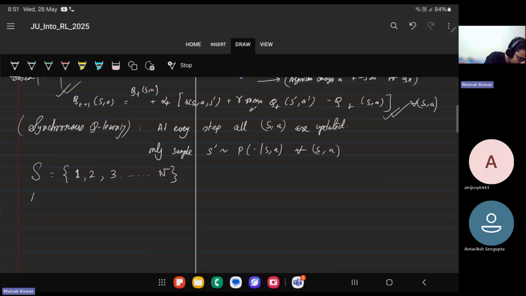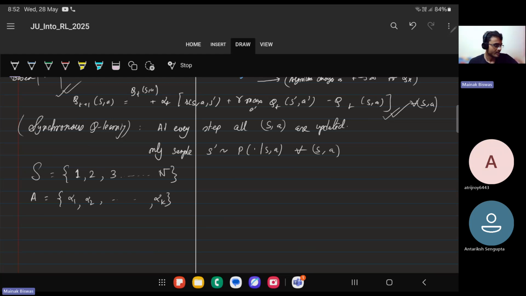And the action space is alpha 1, alpha 2, up to alpha k.